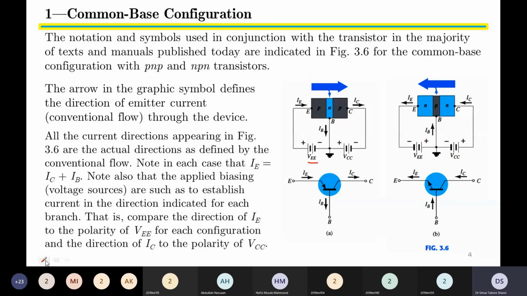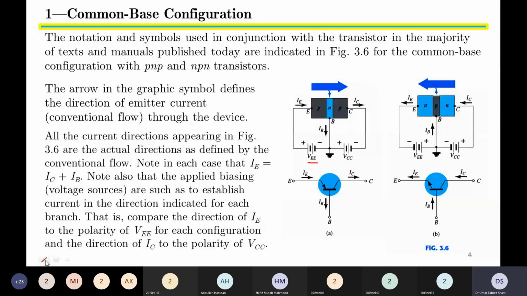But now we are reverting back to our conventional current because we know the fact that conventional current and electronic current always flow in the opposite direction, but the magnitude is the same. It does not mean that at the same time we have conventional current and electronic current in the same direction. We have to take either one.